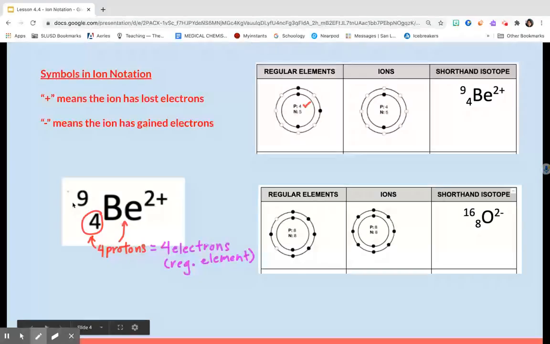Okay, so now let's talk about the upper number on the upper left-hand side. Do you remember what that is? Hopefully you do. If not, it's okay. I'll let you know right now. So the number 9 up here represents the mass or the weight of the atom.